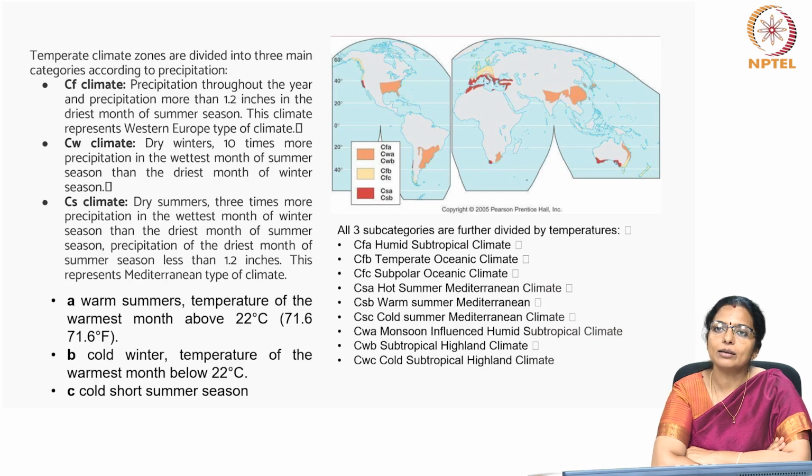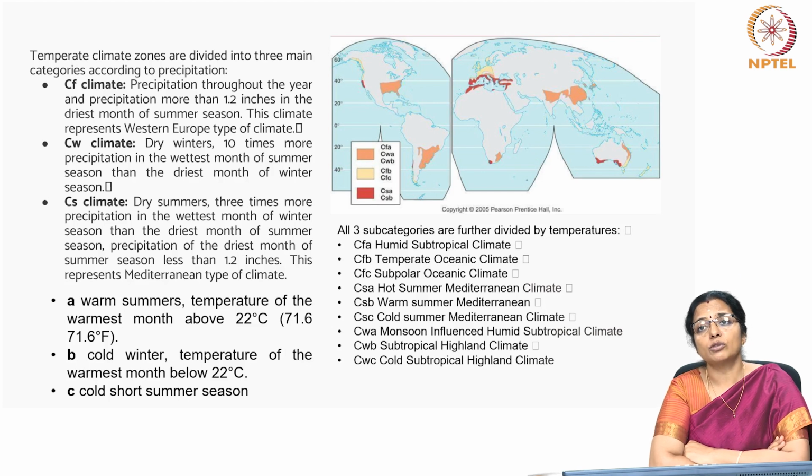Contrastingly, the CW climate experiences dry winters with 10 times more rainfall occurring in the wettest summer month compared to the driest winter month. Conversely, the CS climate is characterized by dry summers with 3 times more rainfall in the wettest winter month than the driest summer month, and less than 1.2 inches of precipitation in the driest summer month.